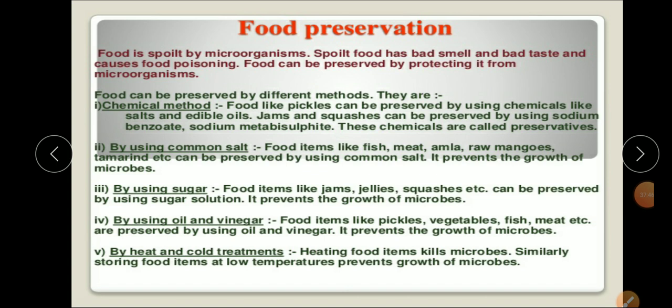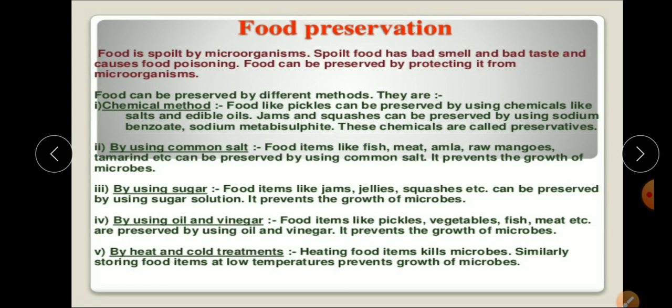Next we are going to start with food preservation. Before that, what is food poisoning? It is a condition. If you go to a party and there we have a lot of food, and after that on reaching home we start vomiting and are taken to the hospital, what does the doctor say?